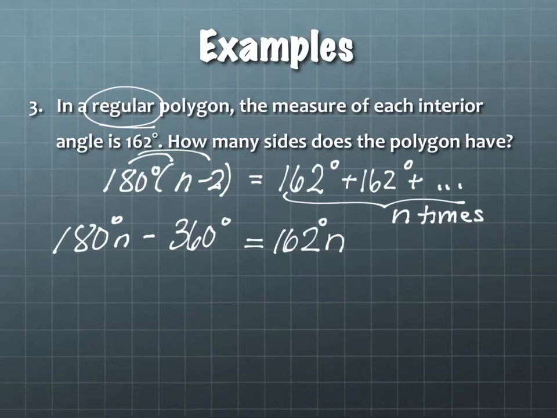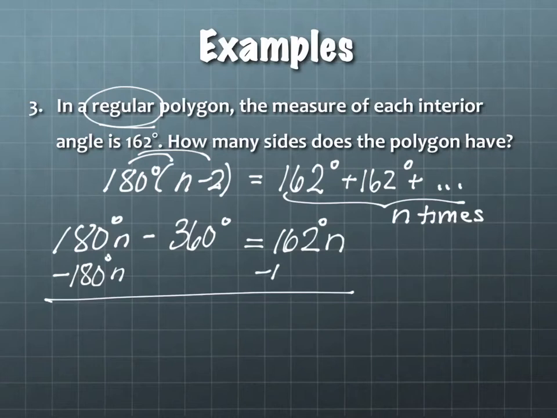Make sure that at the end of the answer, if you have degrees, and that's what it should be, that it's marked appropriately on the solution itself. But that's your call. So I'm going to subtract. I'm going to put the 180n on the other side, which gives me negative 18n. And I've got negative 360.